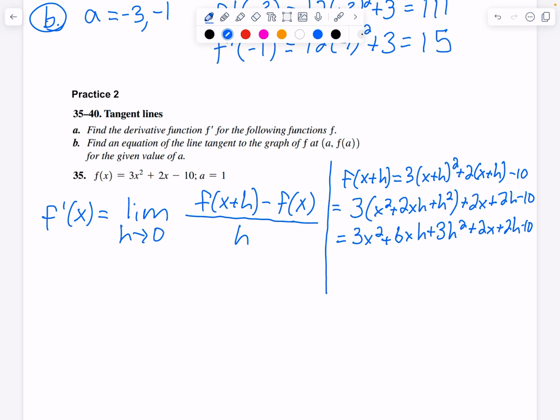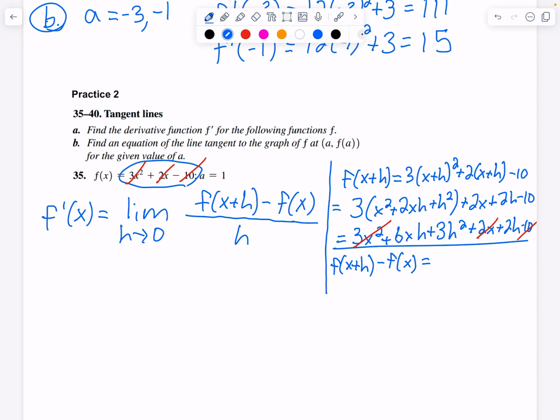No. So now I have to do f of x plus h minus f of x. I'm going to do a line here to make it separate so you can see the steps. Okay, it's going to be what I just underlined there, minus this function here. So you can see that I have things that are going to go away, right? 3x squared is going to go away with 3x squared, 2x with 2x, minus 10 with minus 10.